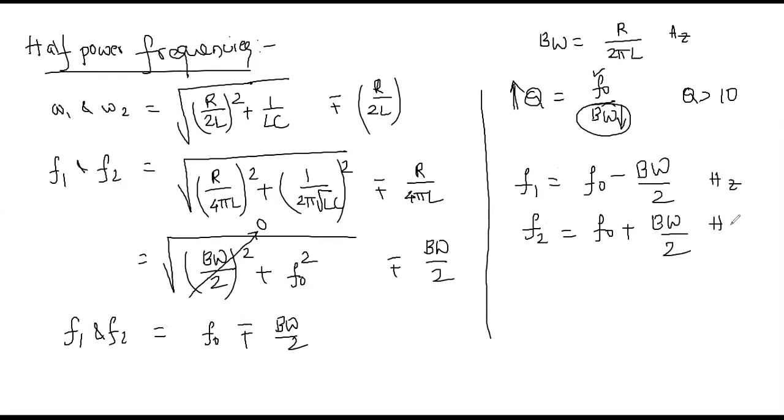Units for both expressions are hertz. Whenever quality factor is greater than 10, you can take these approximate expressions. Otherwise, we need to consider the earlier expressions when quality factor is less than 10. Most communication circuits will have quality factor more than 10, so you can take these symmetric expressions.